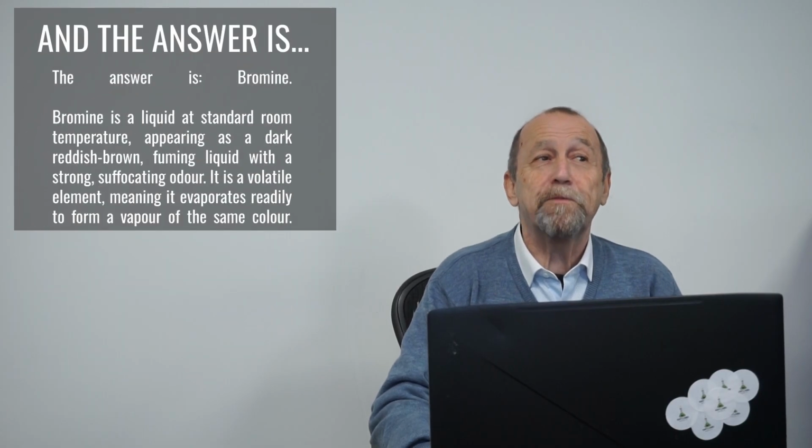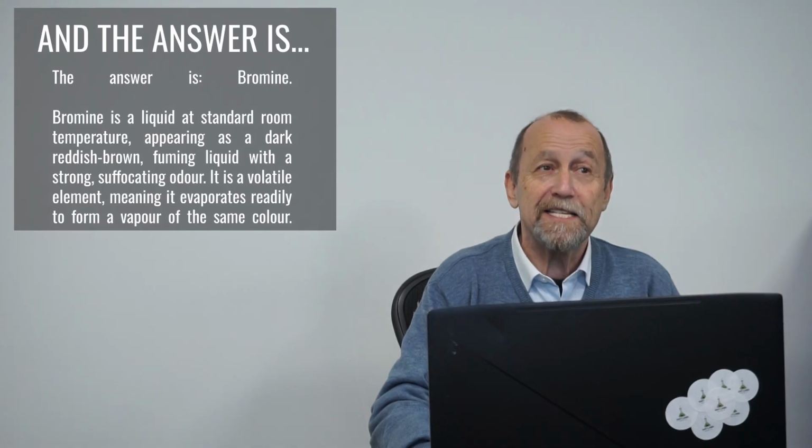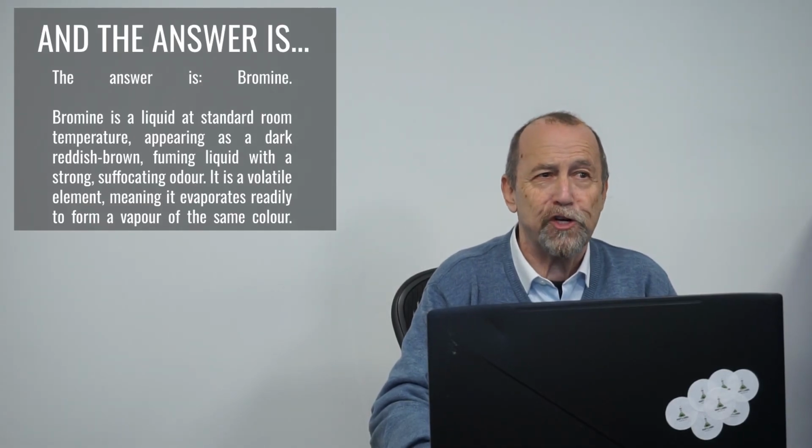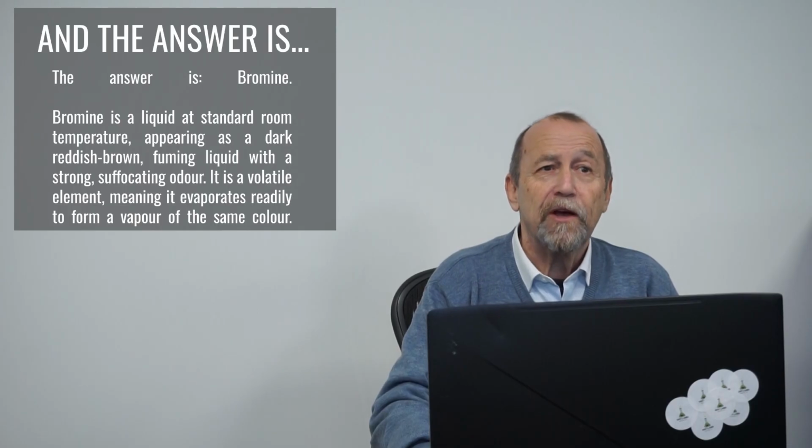The answer is bromine. Bromine is a liquid at standard room temperature, appearing as a reddish-brown fuming liquid with a strong, suffocating odour. It is a volatile element, meaning it evaporates readily to form a vapour of the same colour.